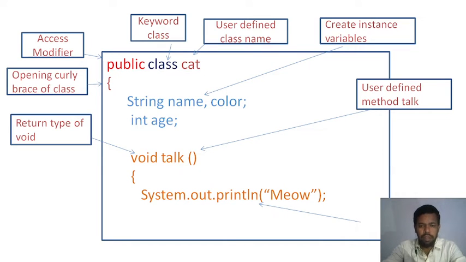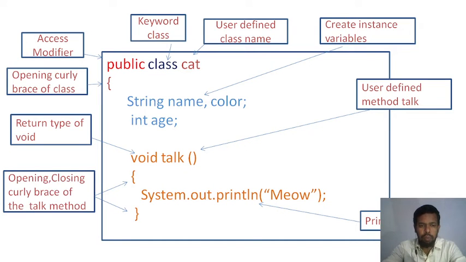The talk method contains the statement System.out.println. Within double quotation, we print the statement meow. When we complete the talk method, we close the curly braces, as well as conclude the cat class, so we need to close the curly braces.